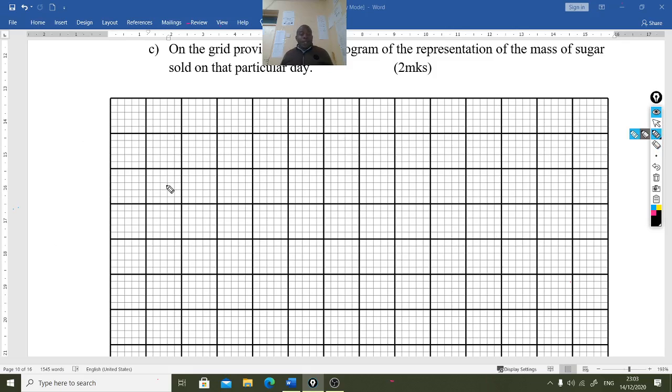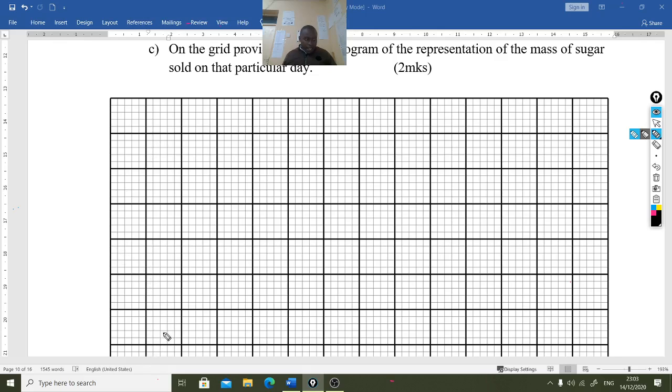I have to think of a good scale because I need the upper limits against the frequencies. The frequencies were from 4 to a maximum of 40.